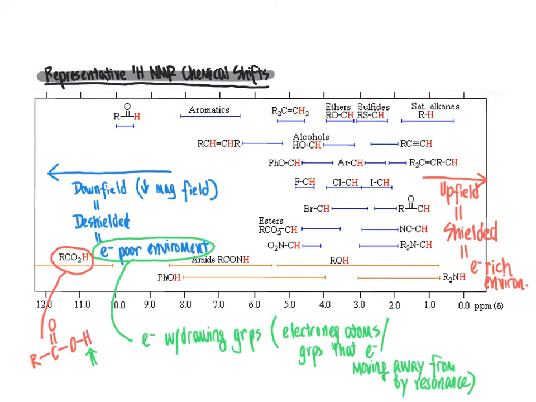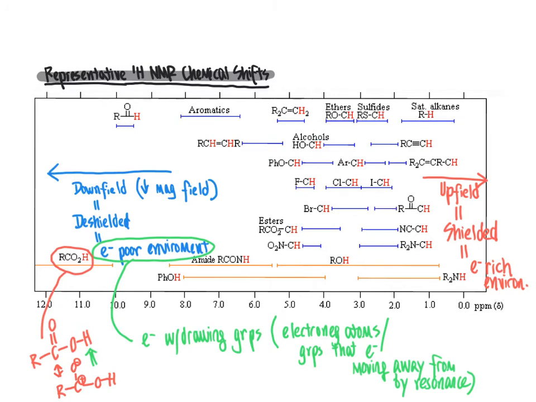And then the other thing that we can think about is that by resonance, there is a second resonance structure for this molecule where the negative charge would go onto the oxygen, positive charge onto the carbon, OH, and that would illustrate how the region surrounding this hydrogen is especially electron deficient, because we can show that we would be taking the pi bond from the carbonyl group up onto the oxygen, moving electrons away from this region of the molecule where the proton that we are evaluating is.